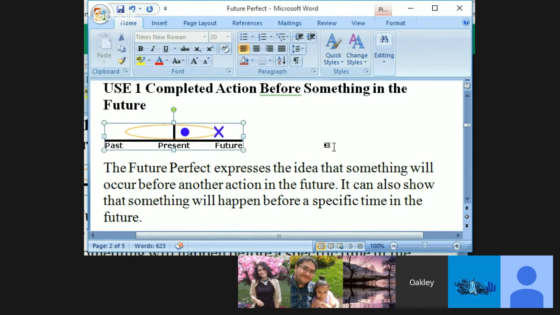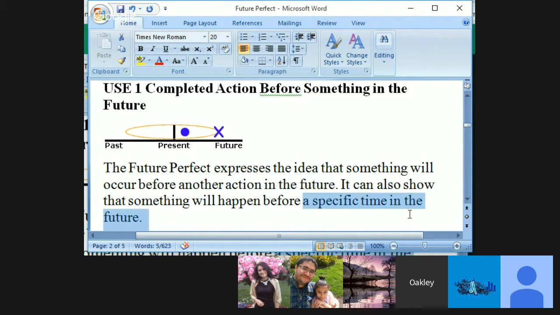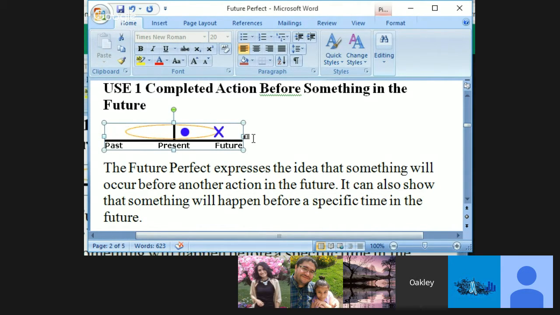So this little diagram here, the future perfect is represented by the little purple circle there. There it is. So you're expressing the idea that this occurs before this purple X, which would be either another action in the future or possibly could be a specific time in the future, this purple X. Take note, please, of the little crazy orange oval around our representative of the future perfect.